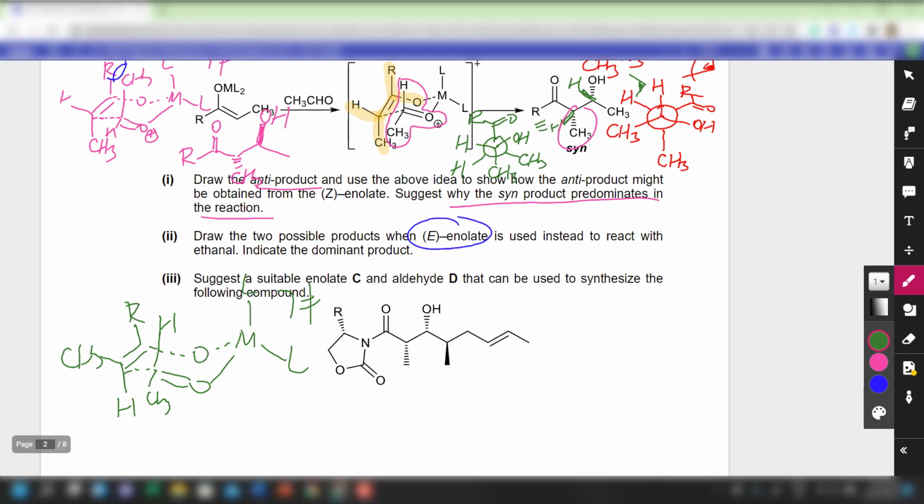I'm just going to draw it below. So the first product is like this, O, and then this will be projecting outwards, so the CH3 will project outwards. And then for this transition state, I'm going to get the anti-product.